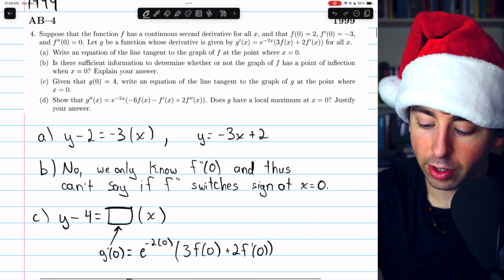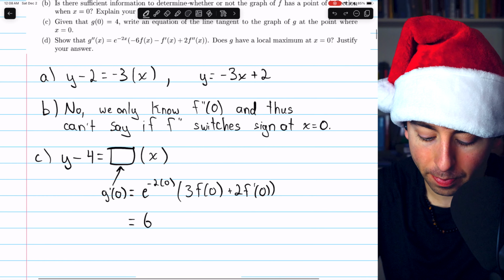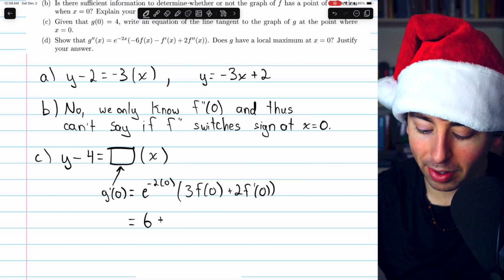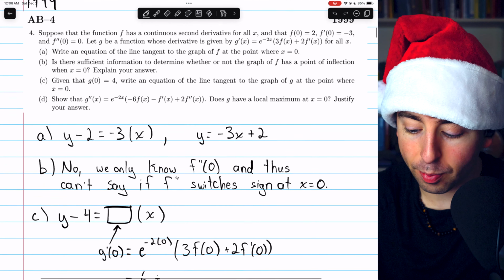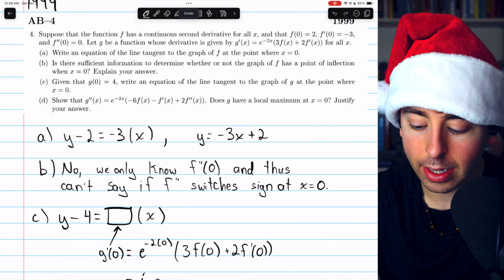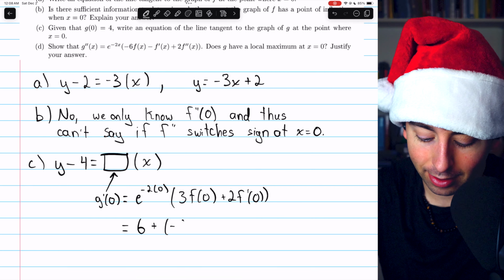Well, looking at the question, f of 0, remember, is 2, so 3 times f of 0 is 6. Then we must add 2 times f prime of 0. f prime of 0 is negative 3, so 2 times f prime of 0 is negative 6.